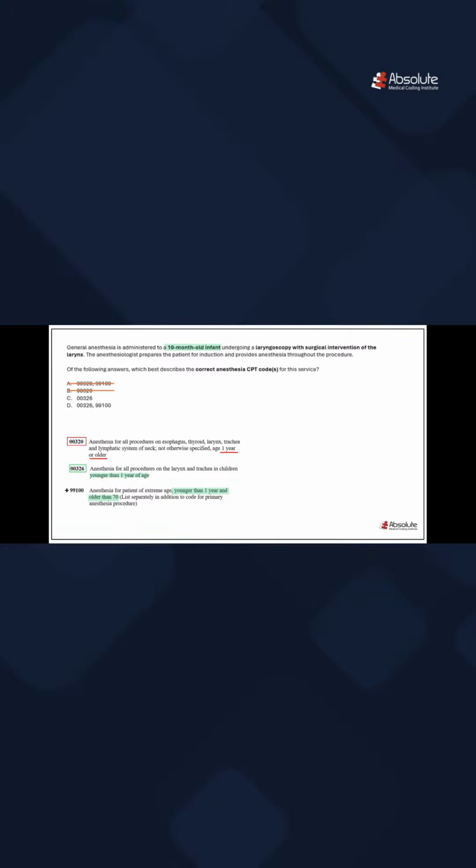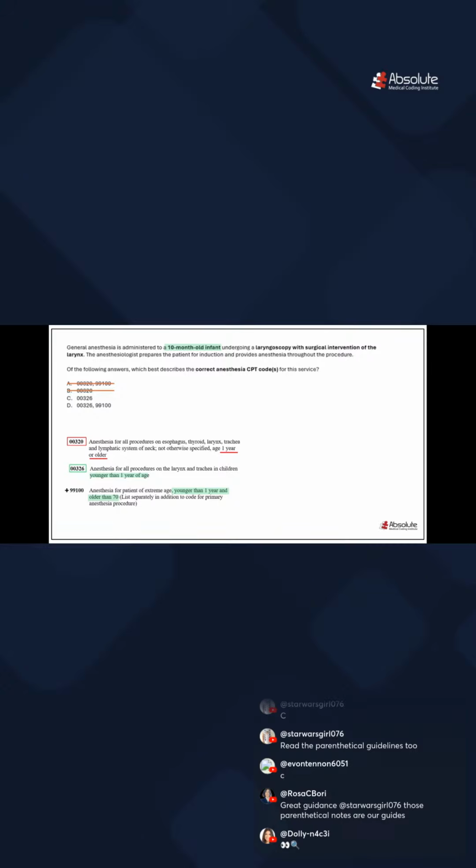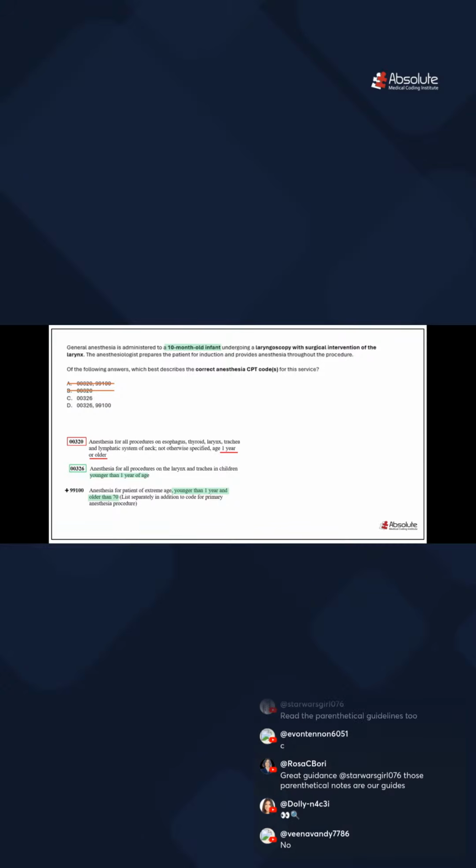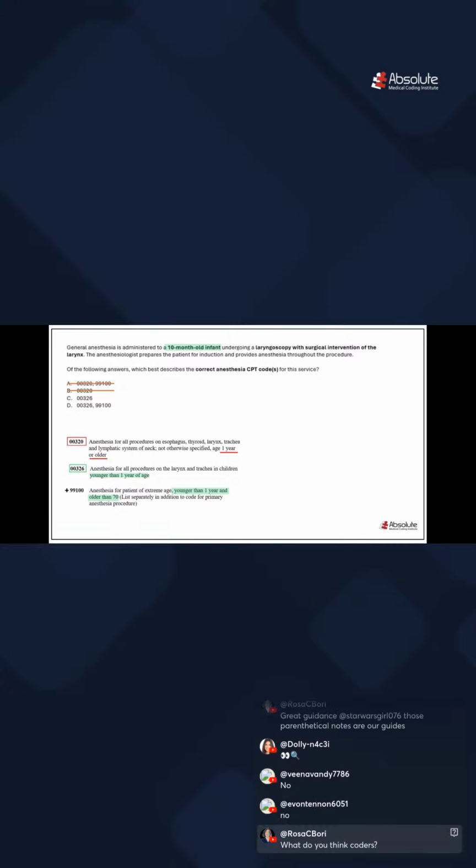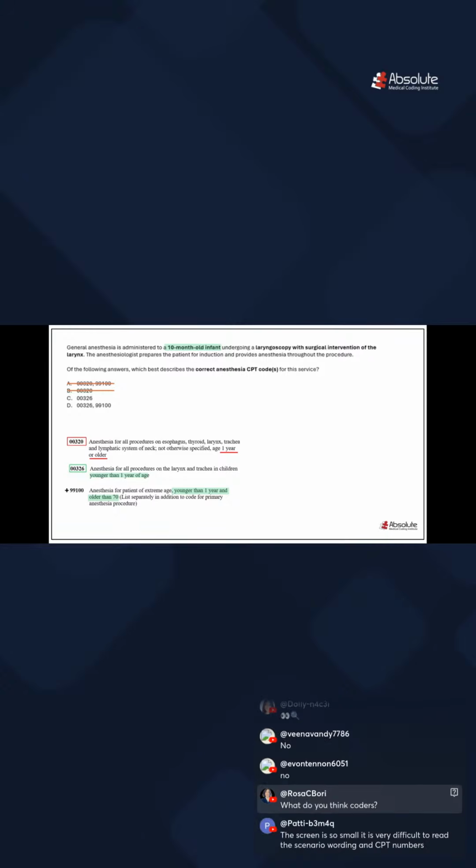And yes, I can see one of our coders has already mentioned it in the chat. Read your parenthetical guideline too. I know that I haven't placed the parenthetical guideline here. So yes, one of our coders has mentioned read the parenthetical guideline. Okay, coders, now do you want to change the answers? Let me know. If you want to change the answers, go ahead. Change it now.